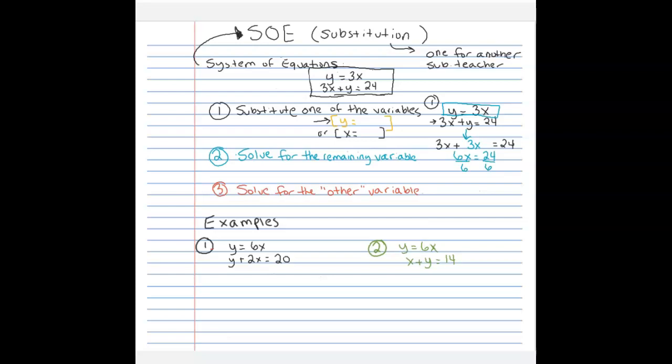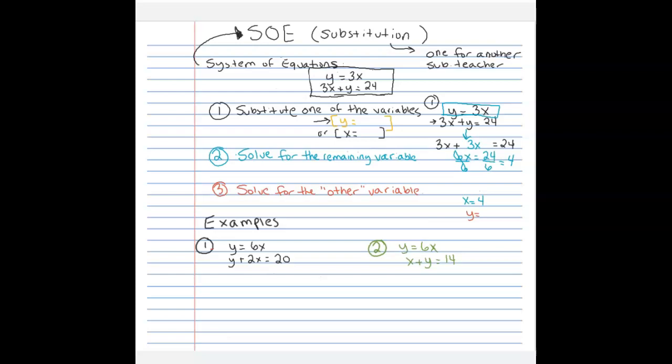If this part confuses you, please let me know, okay? We have 24 divided by 6, we have 4. So I know for a fact that x equals 4, I'm sorry. I'm going to write it down off to the side because we're still going to need to find the y equals.